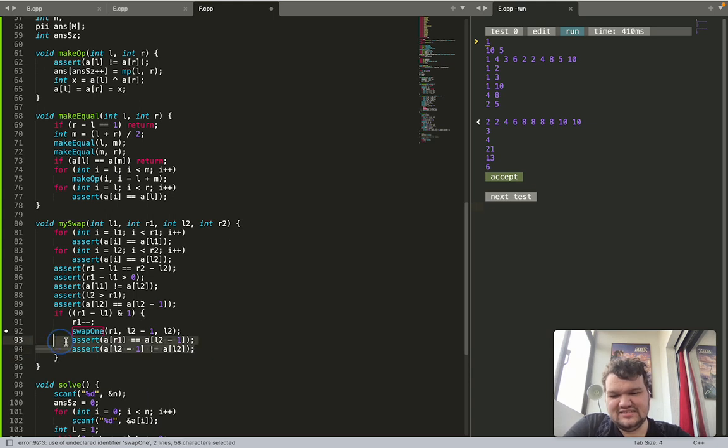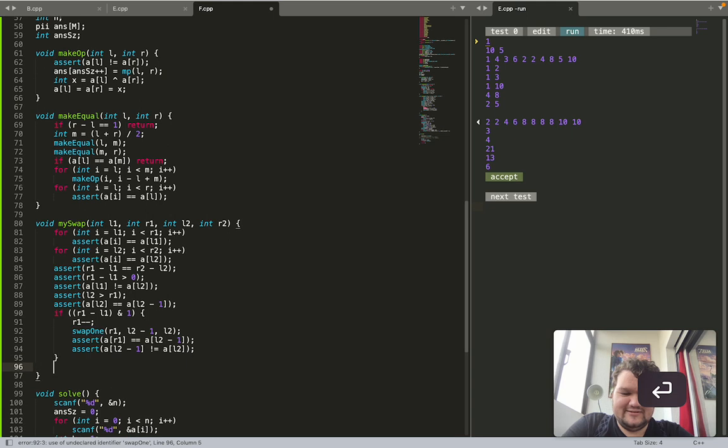Well, it's not exactly the set of asserts I want, but something. Okay, but now I can just swap pairs, that's easy.